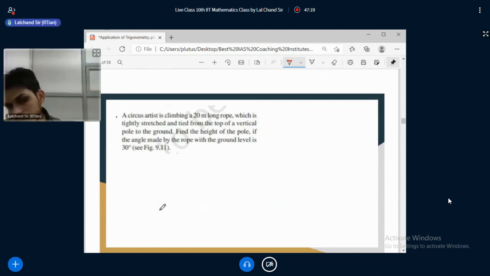Try this question this time. First read this question properly and make the diagram first, and then identify which side we need to calculate.